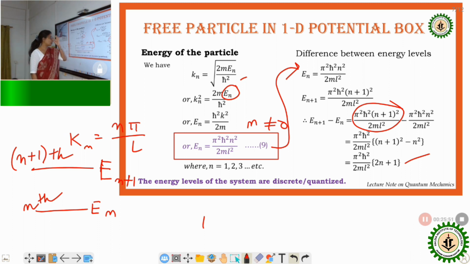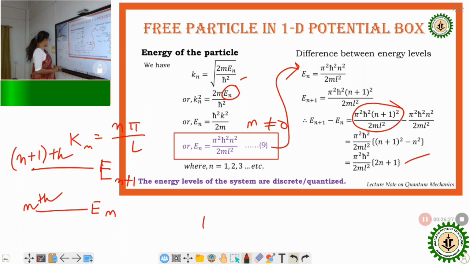Non-degenerate means that E1 is pi square h cut square by 2 m L square, and E2 is 4 pi square h cut square by 2 m L square. E1 and E2 have a single value. No other state with the same energy you will get. E1, E2, E3, E4 all have single values.